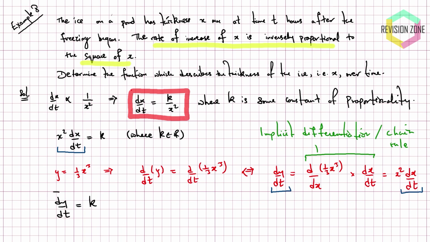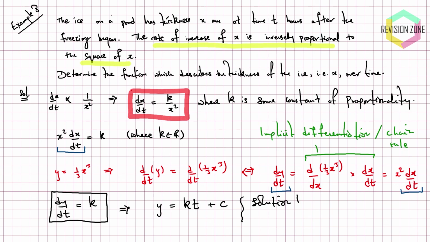Now this is such an easy thing to solve, because what this is saying is we have some curve and the gradient of that curve is a constant. Well, if the gradient of that curve is a constant, then the curve has to be a straight line. So my curve has to be kt plus c, which is a straight line. And this is basically our solution.